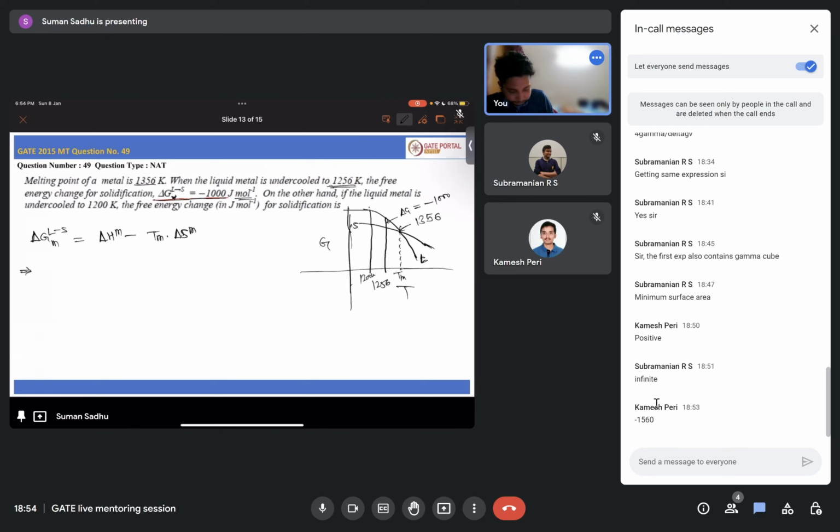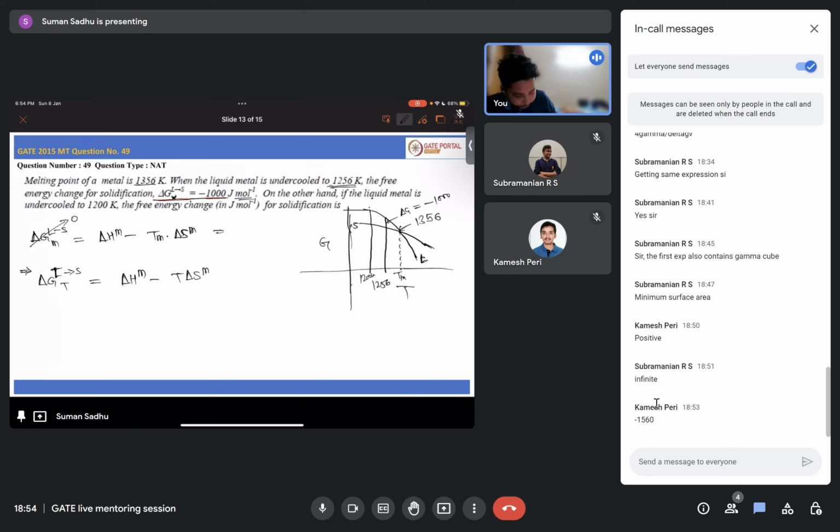Now at melting temperature it is 0. Now at some other temperature, let's say below Tm, delta G at that temperature is equal to delta Hm minus T delta Sm.